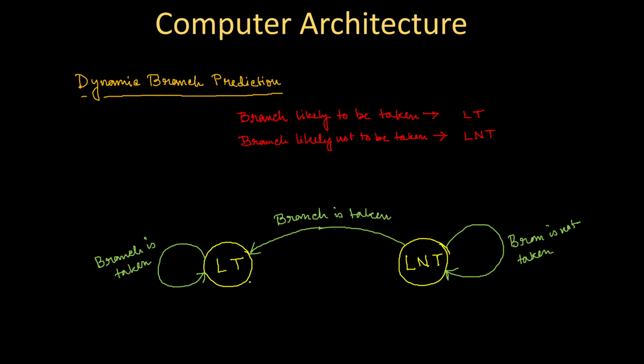And just the opposite one is this: suppose you are in a do while loop, and n minus 1 times you are taking the branch, so you stay in the same state of mind. For the last time, when the branch is not taken, you may change your state of mind from likely taken to likely not taken.